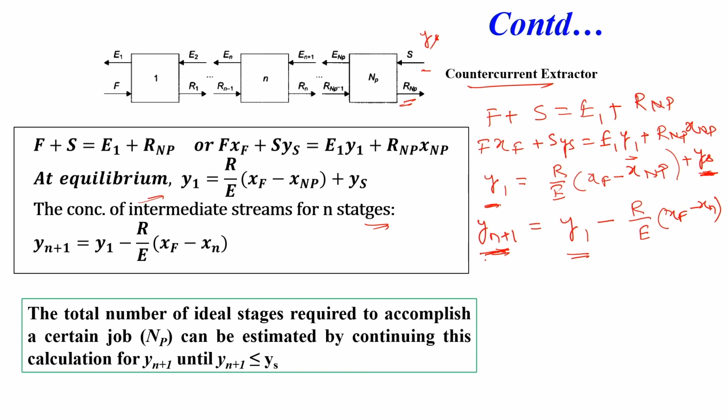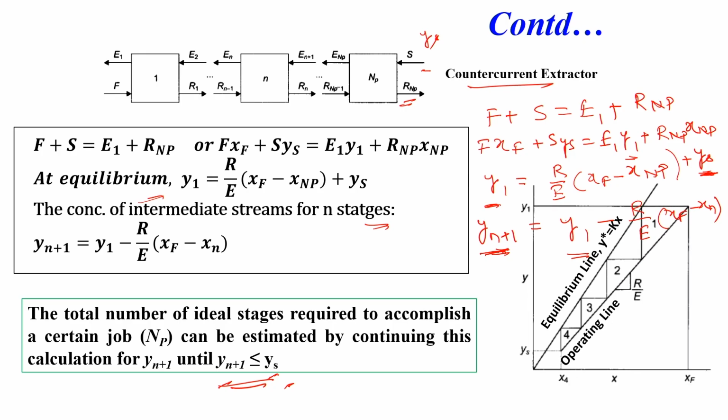What should be the value of Yn plus 1? Its value should always be less than or equal to the concentration in the solvent. It cannot exceed the concentration in the solvent.